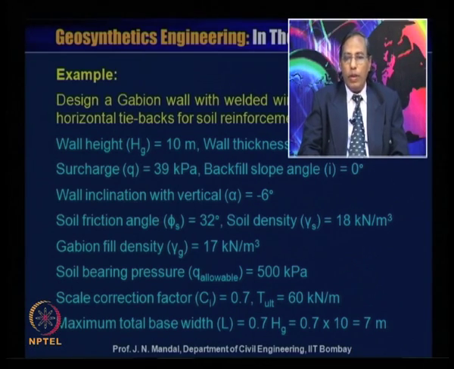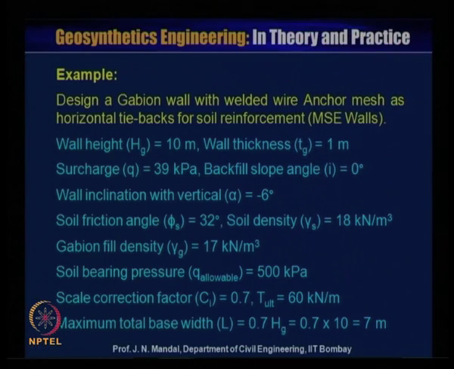So the maximum total base width L is equal to 0.7 times Hg, that is 0.7 into 10, which is 7 meter. In this example all this data is given. So you have to design a gabion wall with welded wire anchor mesh as a horizontal tie back for a reinforced soil wall.